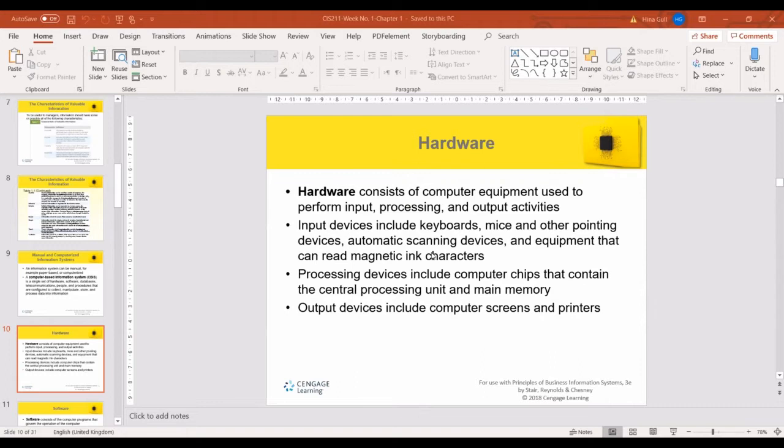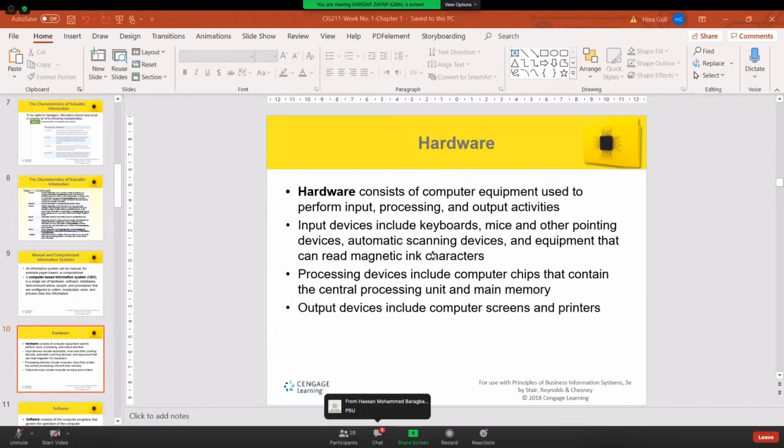Also external devices, power supply. Yes, USB flash, external hard drive, internal hard drive, yes. Very good. Also fans. Okay. Some other hardware, any idea other than these? Keyboard and display screen.